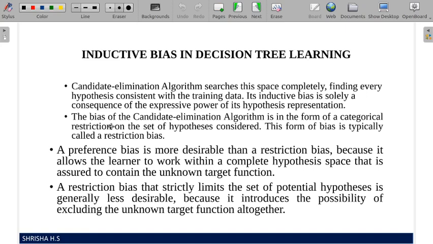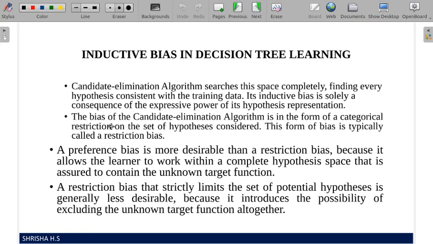We say restriction bias is not desirable because, as we used in the candidate elimination algorithm, we eliminated many candidate hypotheses depending upon the specific and general boundary, right? So while eliminating, we may have eliminated a very good hypothesis. A restriction bias that strictly limits the set of potential hypotheses is generally less desirable because it introduces the possibility of excluding the unknown target function altogether.